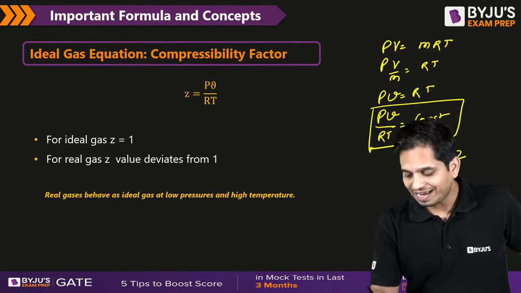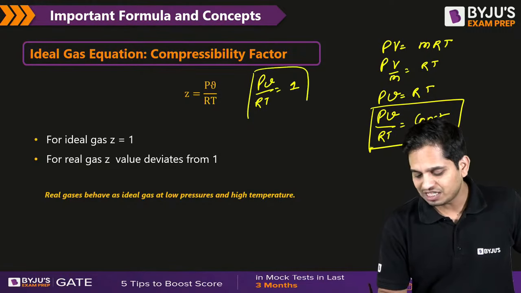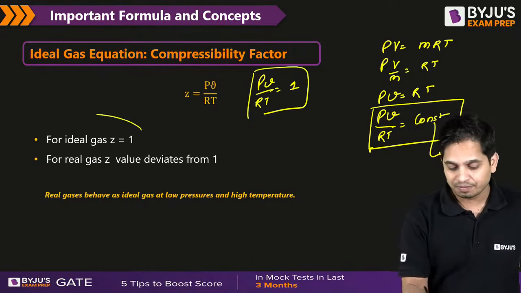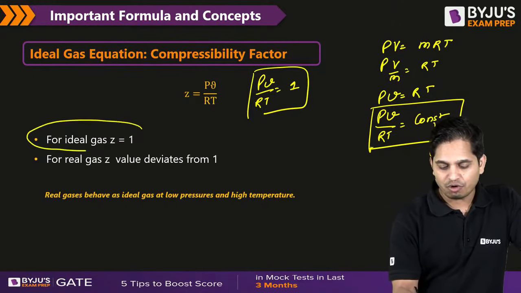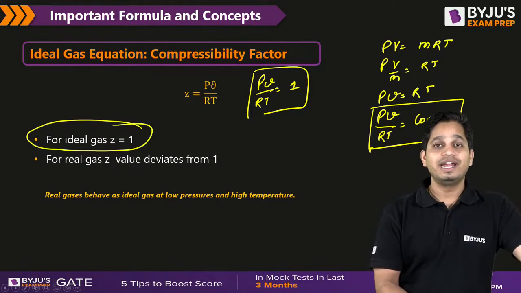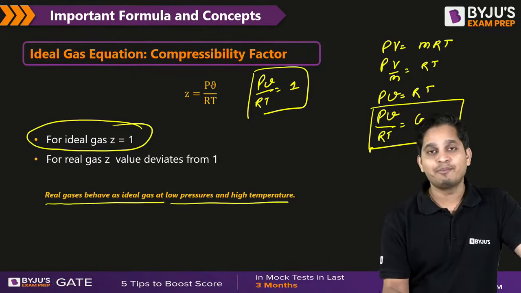Now for an ideal gas, Pv upon RT is 1. So the compressibility factor of an ideal gas is 1. But for a real gas, it deviates from 1. And a real gas behaves as an ideal gas at low pressure and high temperature.